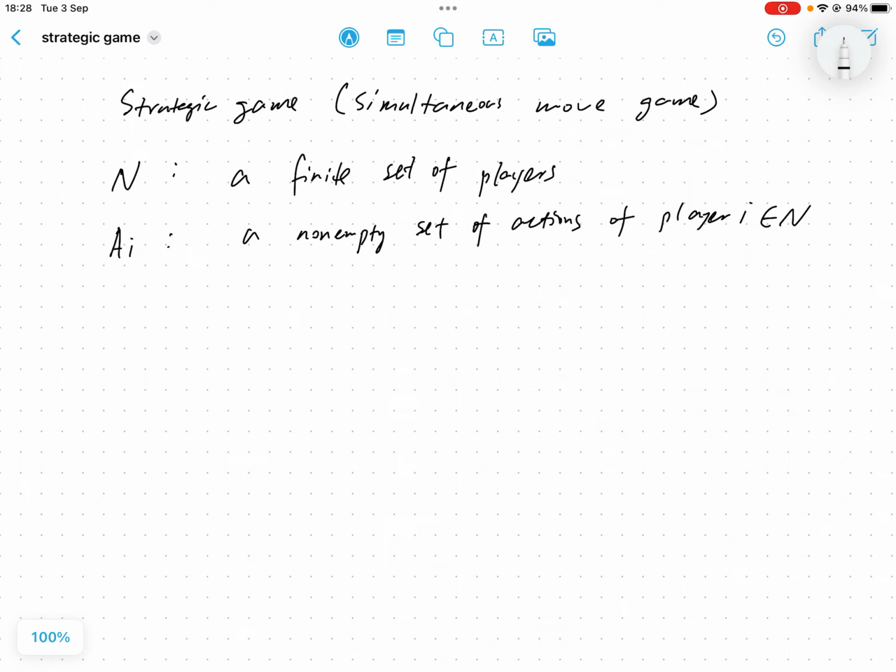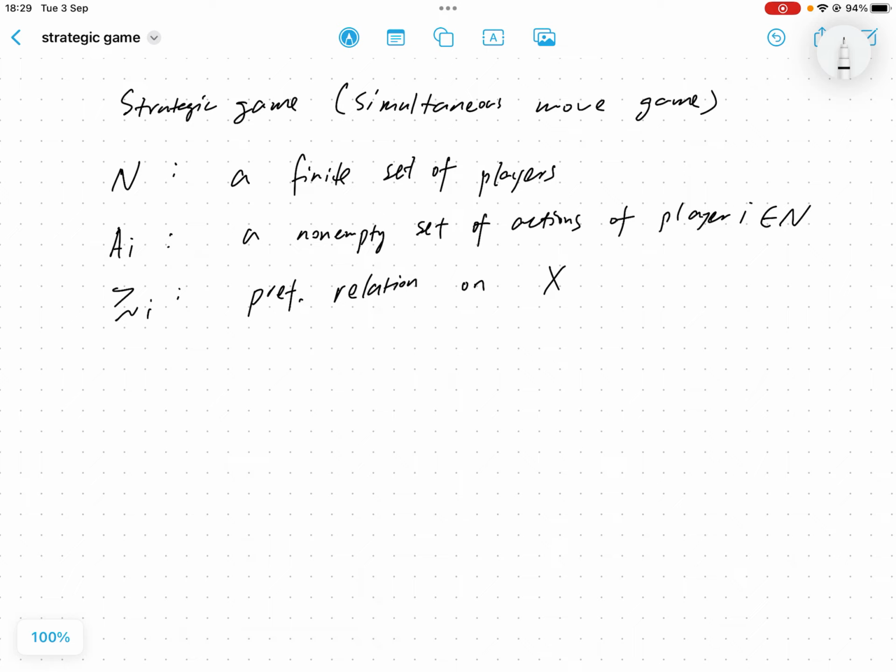And we also have a preference relation. We use this notation, weakly preferred, for agent i, for player i. This is a preference relation on what? It's a relation on the Cartesian product of all the A_i's.